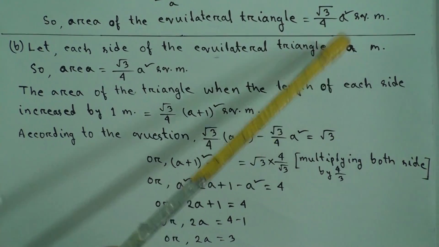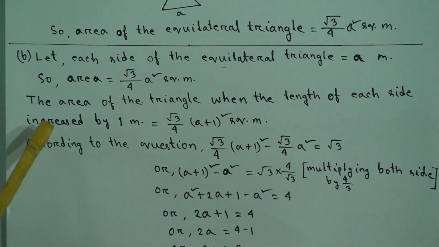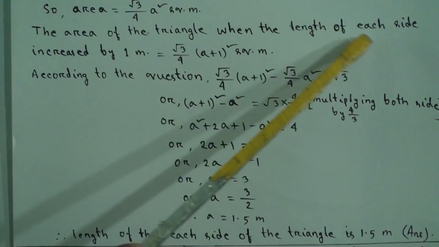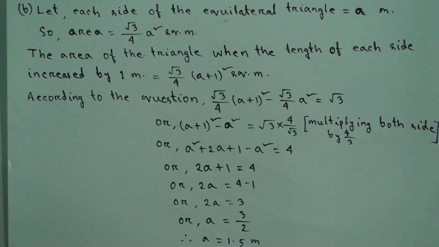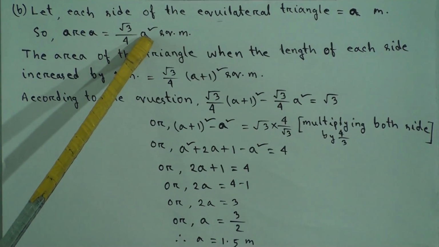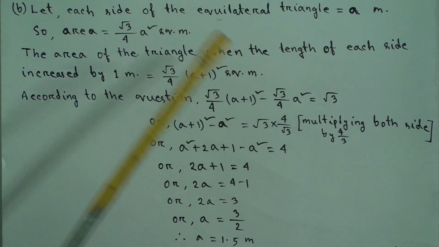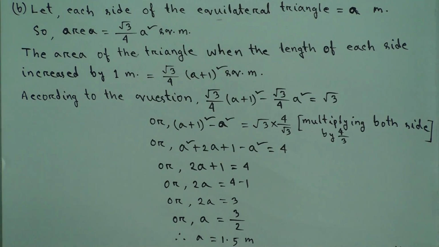If the side is a meter, then its area will be √3/4 a squared. Now for the area when the length of each side is increased by 1, instead of a we have to write a plus 1. In this case the area will be √3/4 (a plus 1) whole square meter, and the difference of these two areas is √3. It is mentioned in the question.